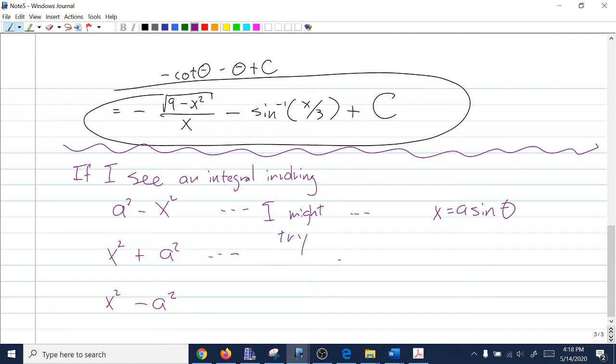For x squared plus a squared, I might try x equals a tangent theta. And for x squared minus a squared, I might try x equals a secant theta.